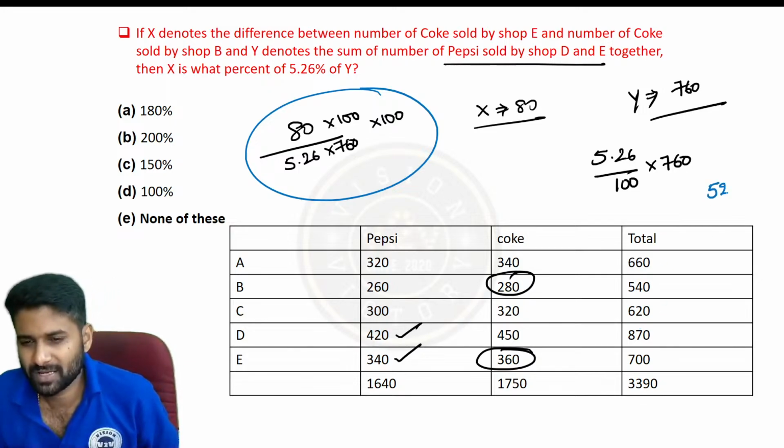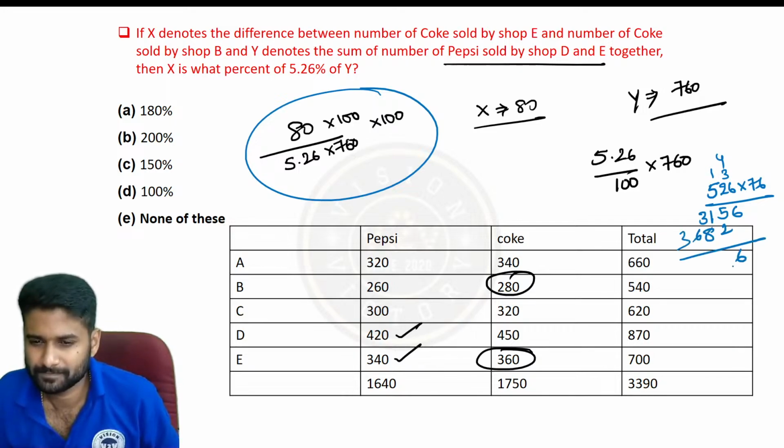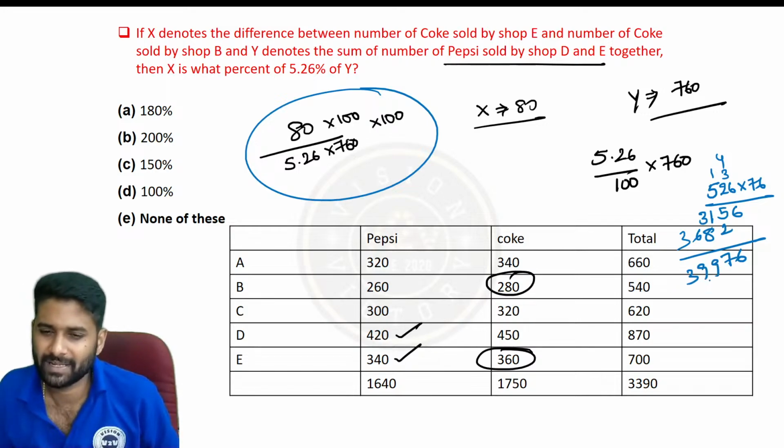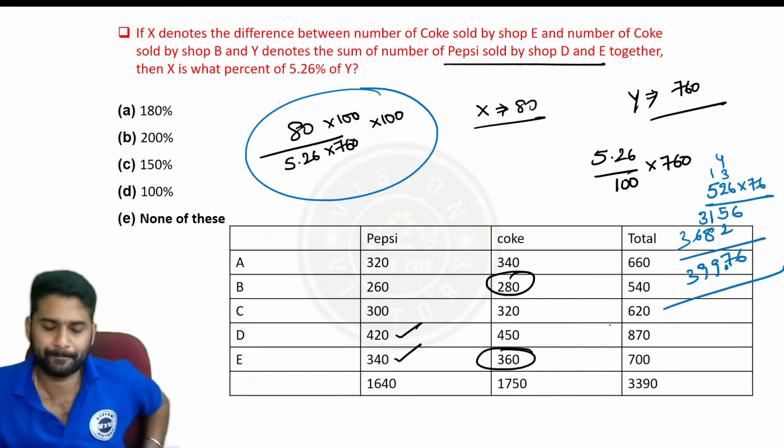Okay, let me check the calculation here. 526 is multiplied with 76 here. 6 sixes are 36, 6 twos are 12, 15, 3156, 42, 3996.76.